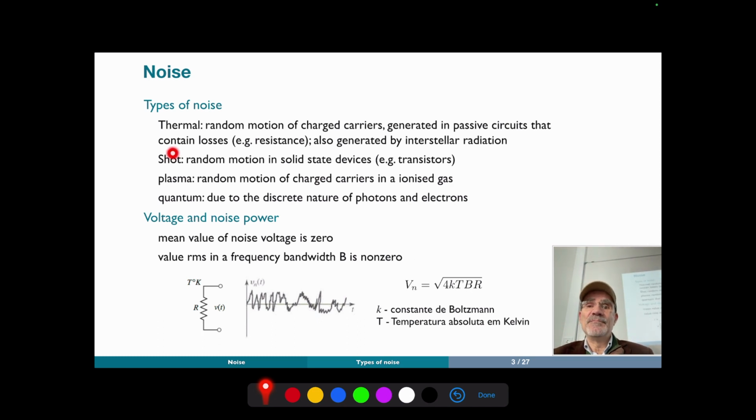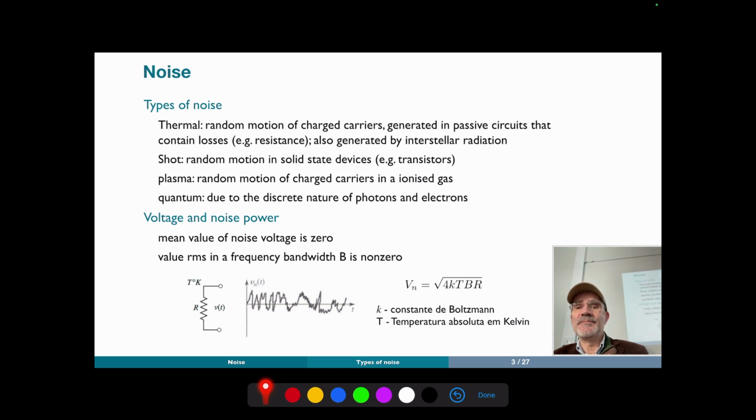We have shot noise, which is the random motion associated in active devices, solid-state devices like transistors. And we have plasma noise and quantum noise. We are not going to discuss this. Just for information, plasma noise is associated with the random motion of charge carriers in an ionized gas.